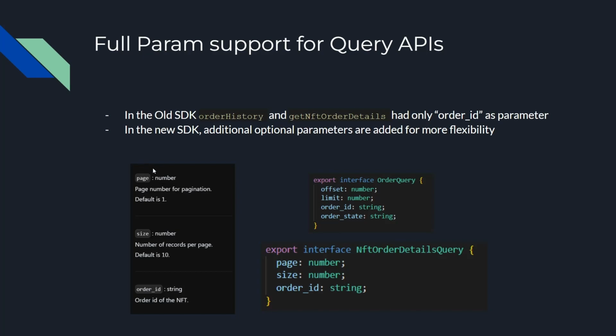For example, for the order history, the user can also set order state. So if the user wants all the orders that have passed, then they can say order state success or something. These parameters have been taken from the Okto API documents.